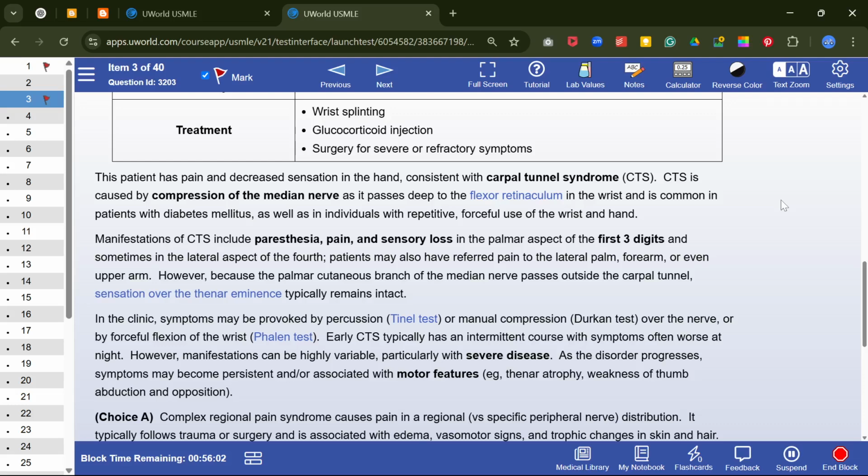Patients may also have referred pain into the lateral palm, forearm, even the upper arm.